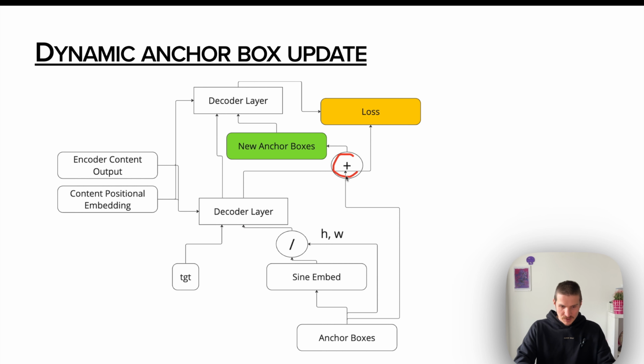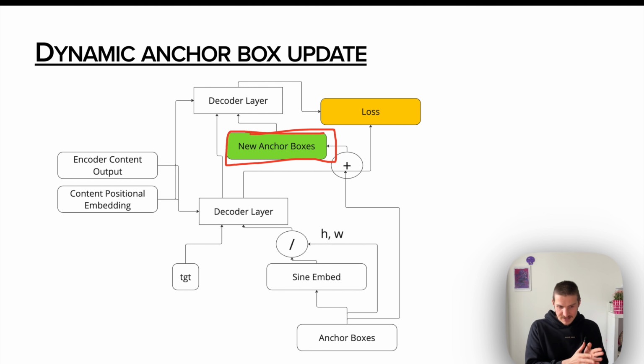So now, after this residual connection, the output of that is our first estimation of the actual bounding box for the object. And apart from being used in the loss, we also use these new anchor boxes as our new prior for the next decoder layer.